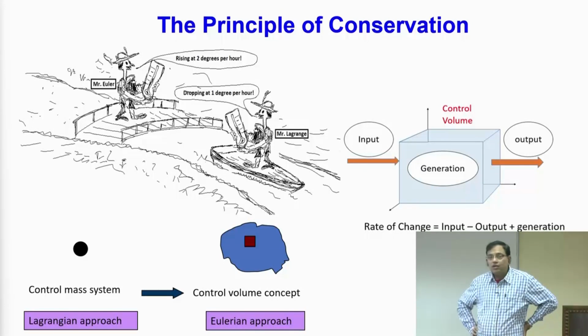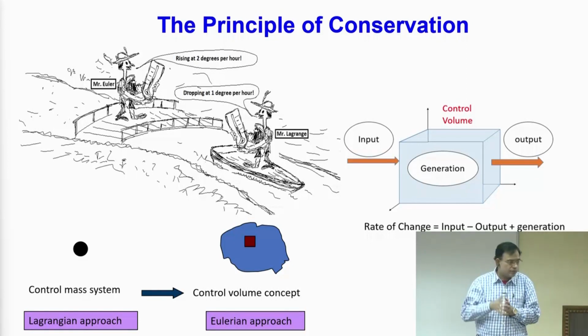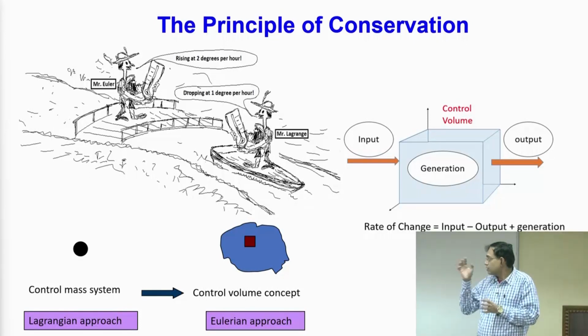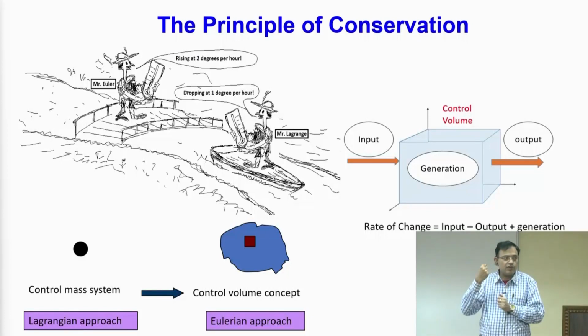So, at the end, what is the change? If you want to write a balance, something has gone in and something is leaving. So, ideally the change is whatever has gone in minus whatever has gone out, but there is also something generated. So, inside the control volume, the net change is whatever has come in minus whatever has gone out plus whatever is generated.